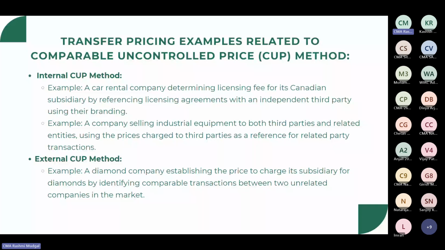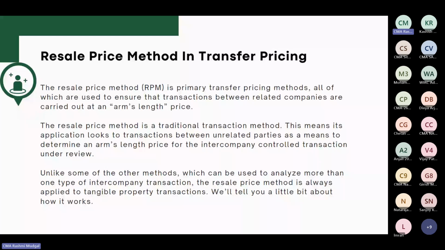Okay, next is the resale price method in transfer pricing. This is the second method. The resale price method is a primary transfer pricing method, all of which are used to ensure that transactions between related companies are carried out at an arm's length price. The resale price method is a traditional transaction method.